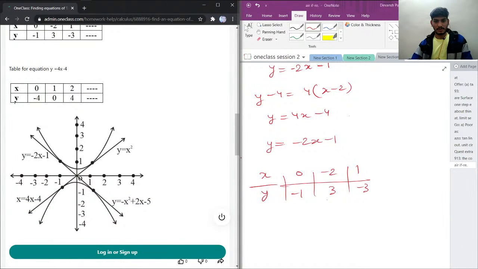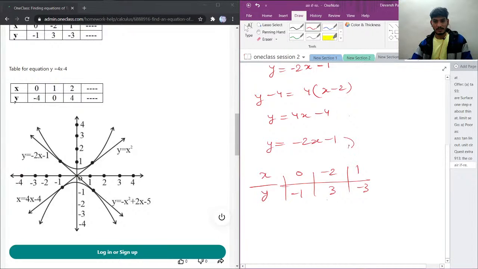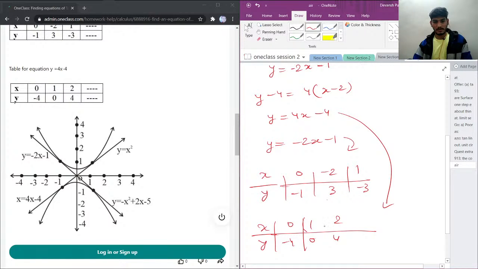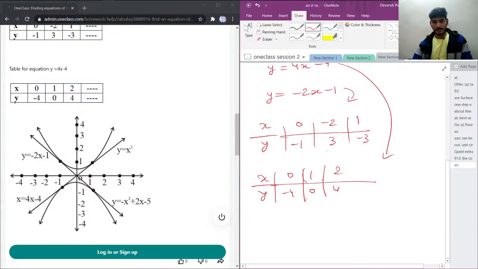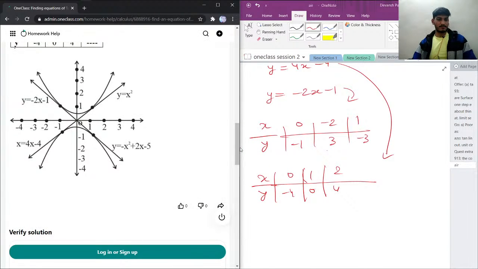Then for the other one we have x over y: negative 4, 1, 0, 2, and 4. And then if we draw the parabola, we get these two lines, and these are the coordinates at which these lines are tangent to the particular parabola.